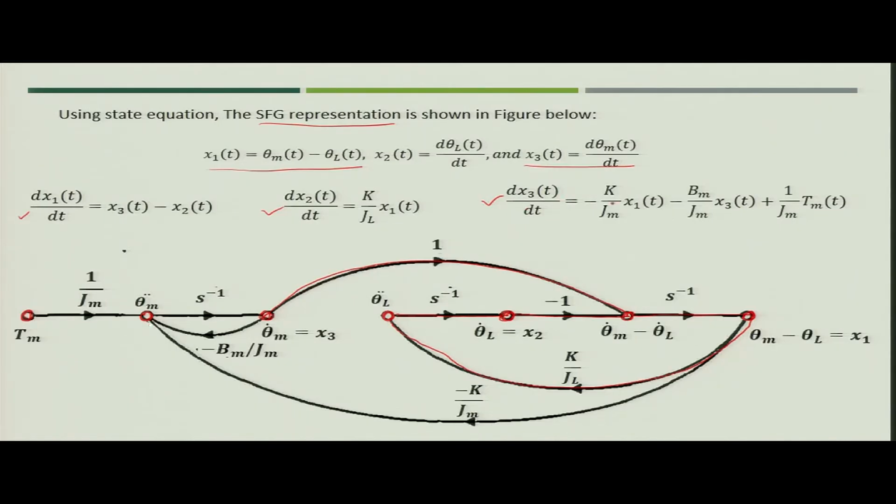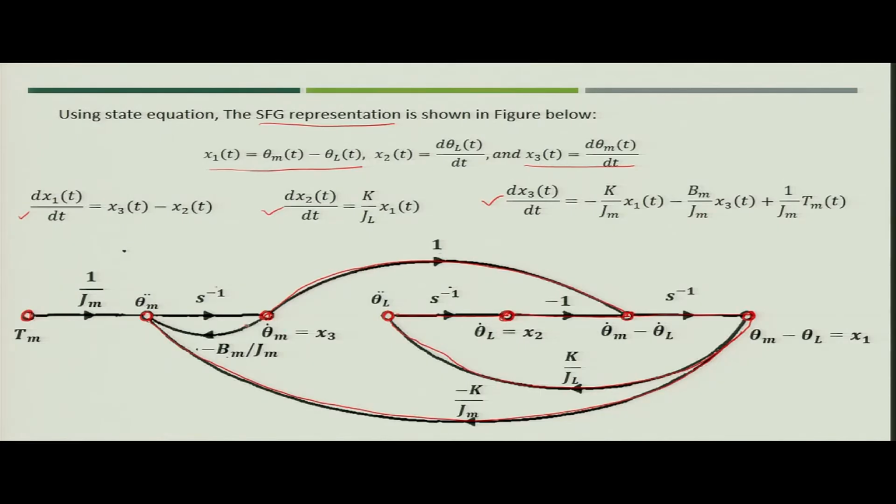So, we use this equation and find out the links. First is minus k by Jm into x1. So, from x1 we get minus k by Jm, then from x3 we get minus Bm by Jm.